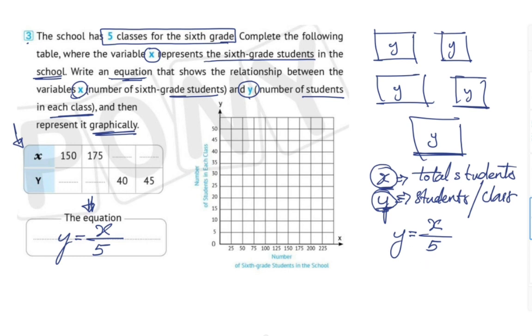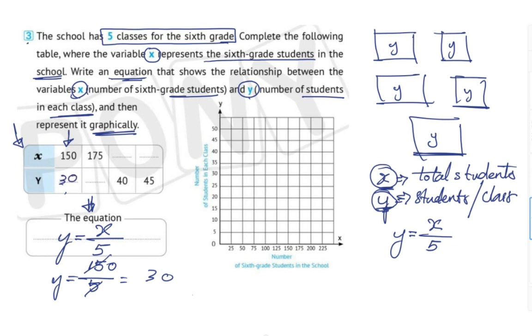Okay, now you have a table with X and Y. It gives me the value of X and you need to find the value of Y. Try with me. Y equals X, here 150, divided by 5. 0, and 15 over 5 equals 3.